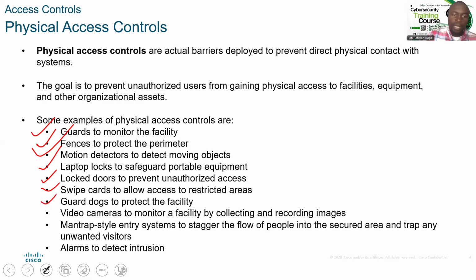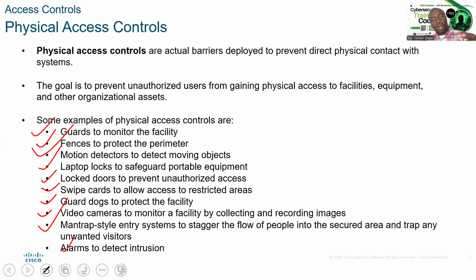Then you have guard dogs to protect the facilities. Then you have video surveillance cameras like CCTV that provide surveillance and recording of those facilities. Then you have the man-trap style entry system to stagger the flow of people into the secure area and trap any unwanted visitors. Then you have the alarm to detect intrusion.